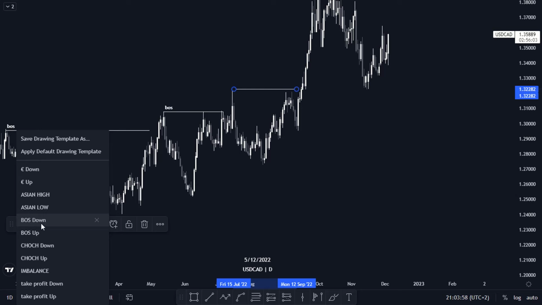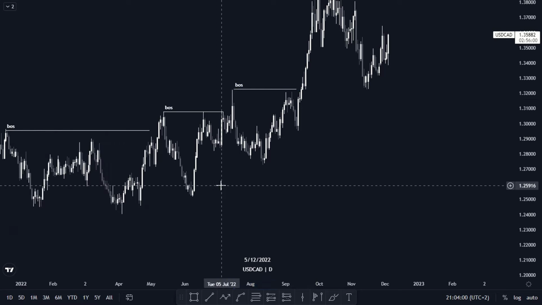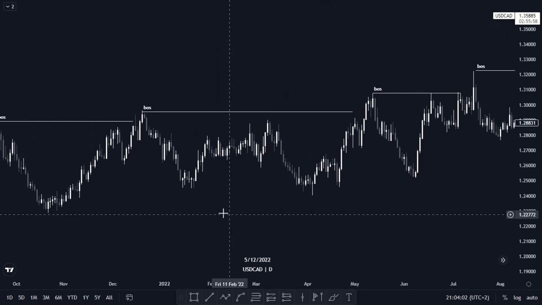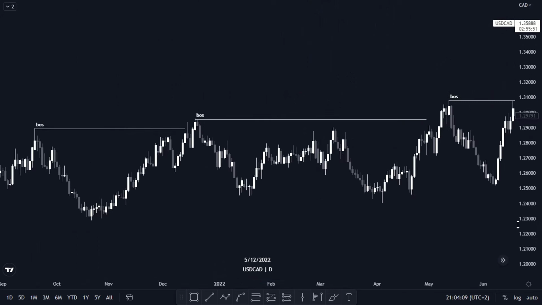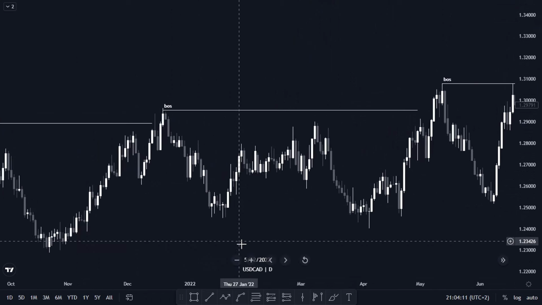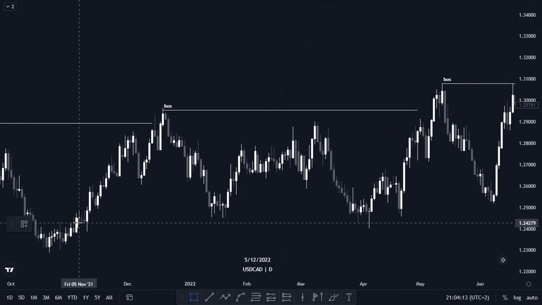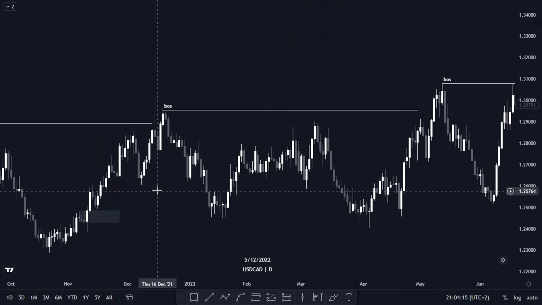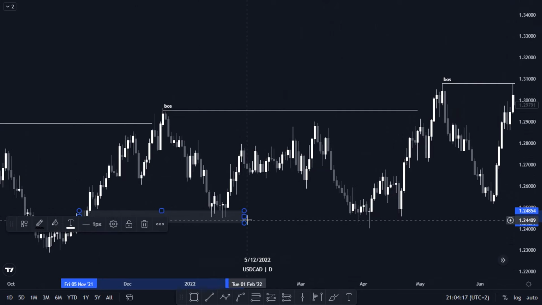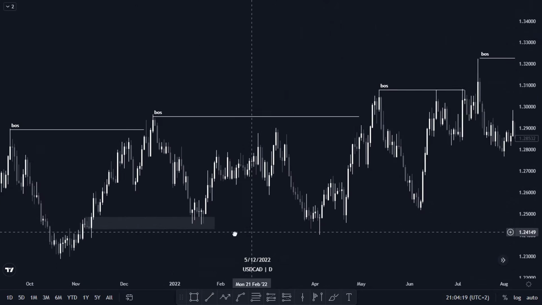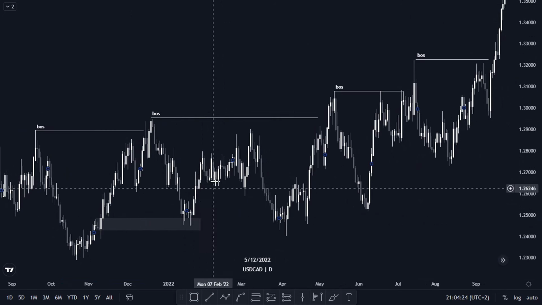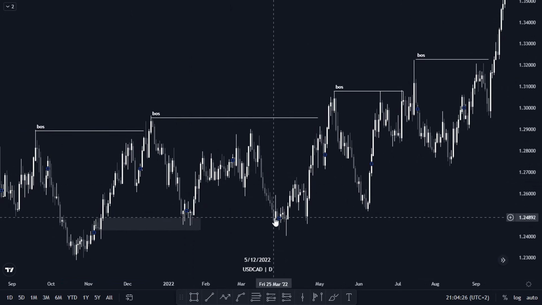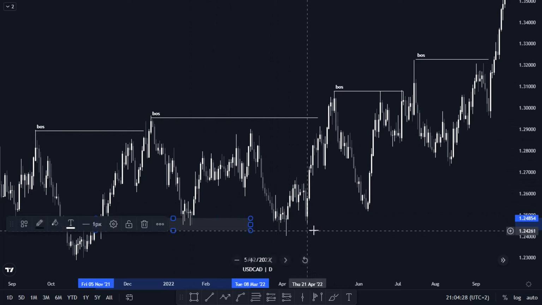Okay, and our other blocks we can see here, you can see that price respected this one here, respected this one here, but then price pushed to the upside, then eventually hit our stop loss.